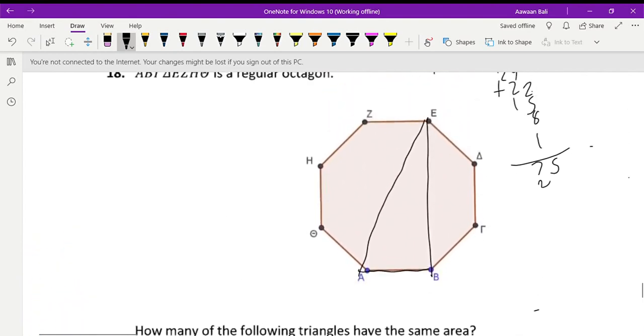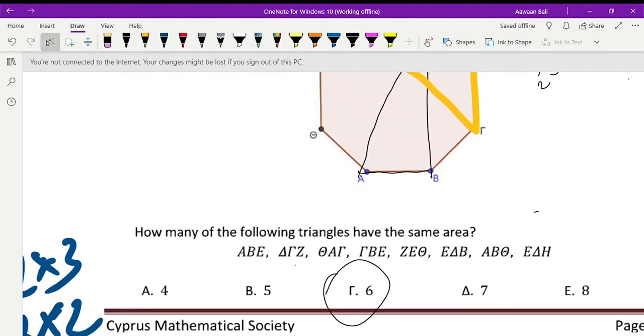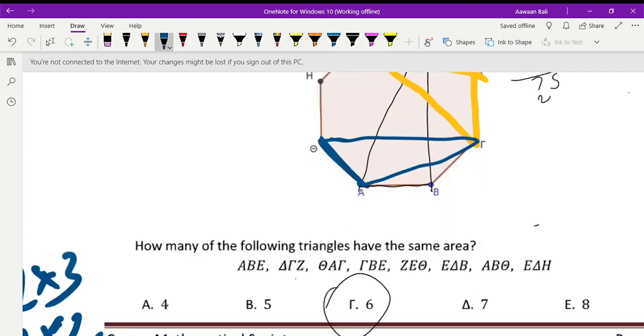Delta, gamma, zeta. So now we have delta, gamma, zeta. They're not equal, so we can start from delta, gamma, zeta now. Theta, alpha, gamma. So we have it here, and then we add it with the gamma, which is here. And you see that the blue and the yellow triangles are the same.